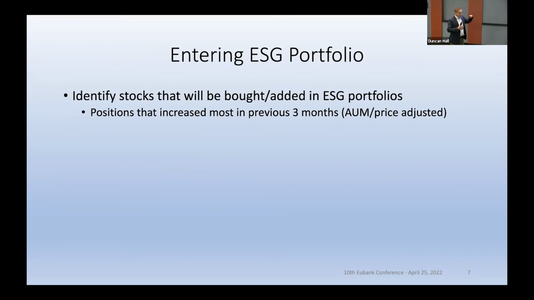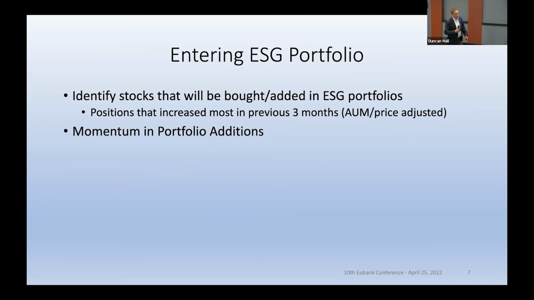We do have to adjust, because if a fund doubles its AUM and kept all its positions the same, it would double its holdings in every stock. Similarly, if a stock in a portfolio doubles in price, its weight is going to double without the portfolio manager actually buying any additional shares.